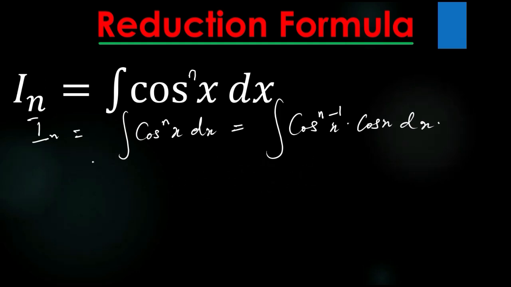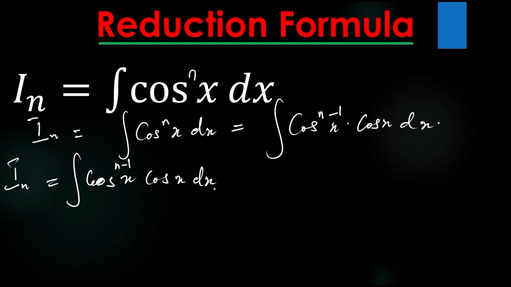Knowing that my I_n is equal to the integral of cos x raised to power n minus 1 times cos x, I can easily use integration by parts to solve this. In integration by parts, the integral of u dv is the same as uv minus the integral of v du.